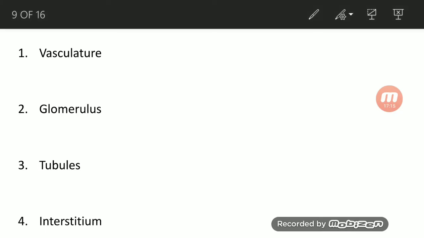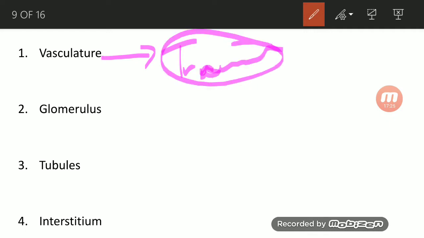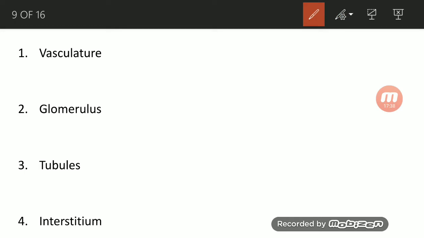The vasculature within your kidneys may get damaged directly through trauma. Any trauma or physical injury occurring directly to your kidney will damage the blood vessels within the structures of your kidney, so it can lead to intrarenal failure.